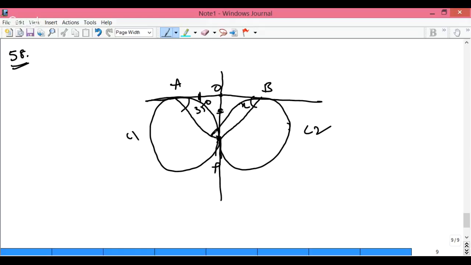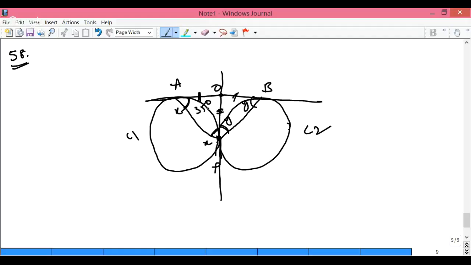Assume this angle is X. For circle 2, from point O we have drawn two tangents, OP and OB. The length of the tangents again will be equal. Now assume this angle as Y and this angle also as Y. Is it clear?